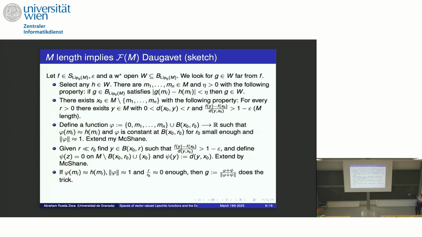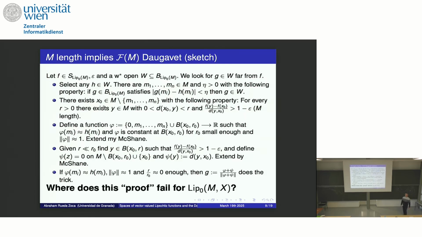So G will belong to W if we do our work well. And the increasing quotient of G at y and x0 is essentially the same as the increasing quotient of psi, because phi is flat here in this ball which contains that. And this makes G and F behave as a pair where the slope is big and the norm of the sum is big. That's the idea, more or less.